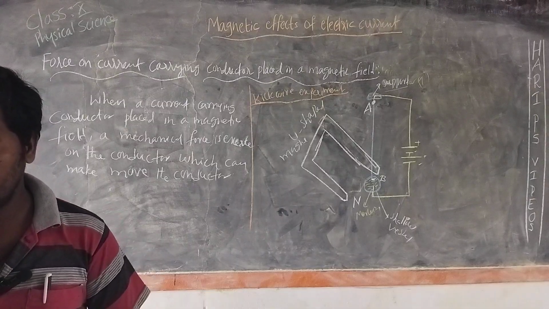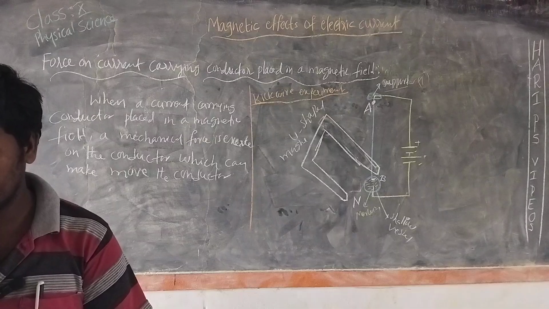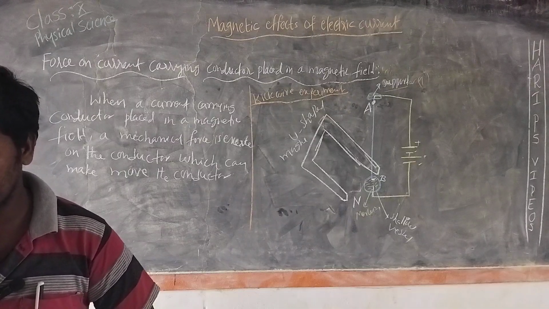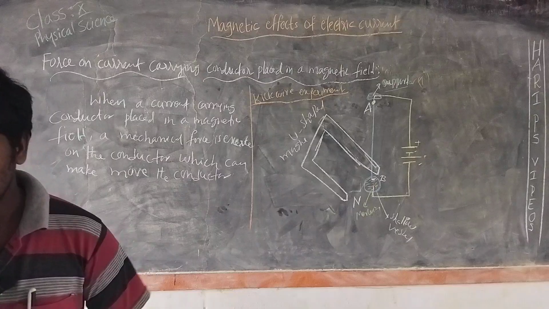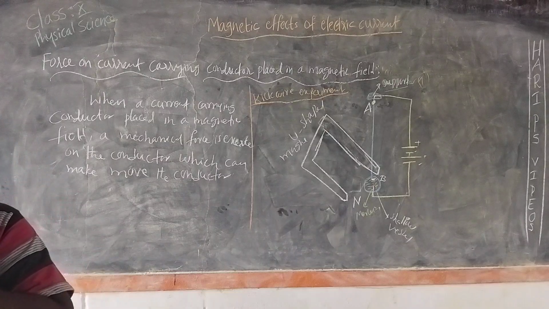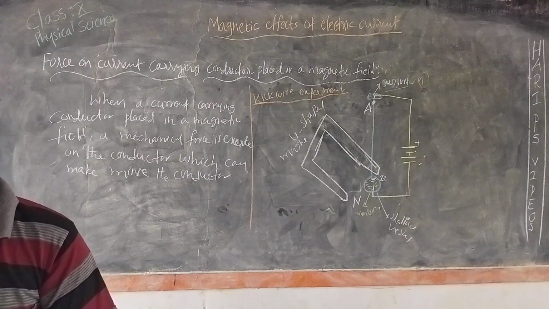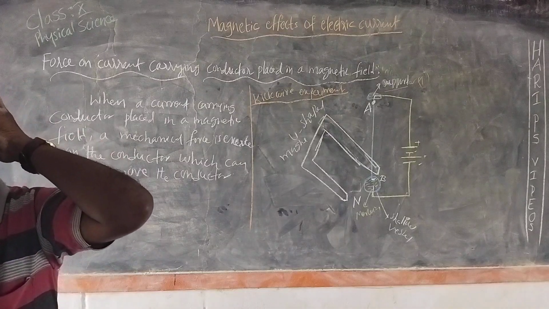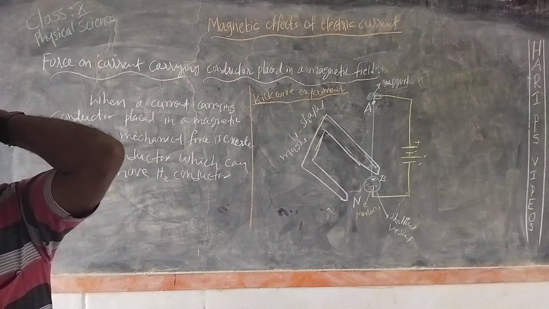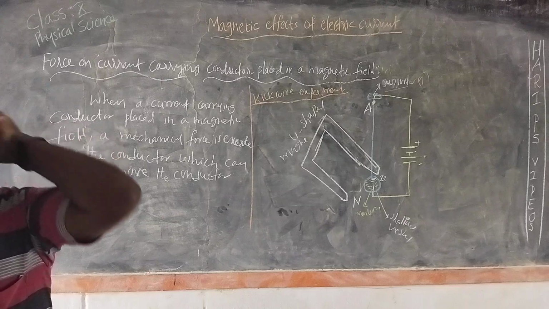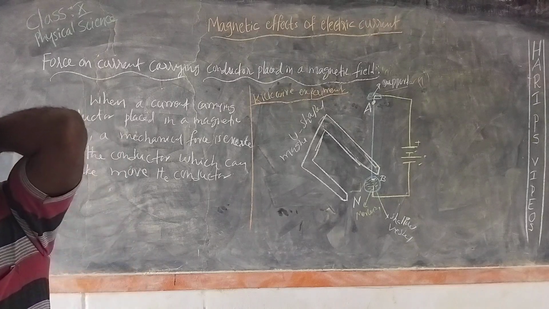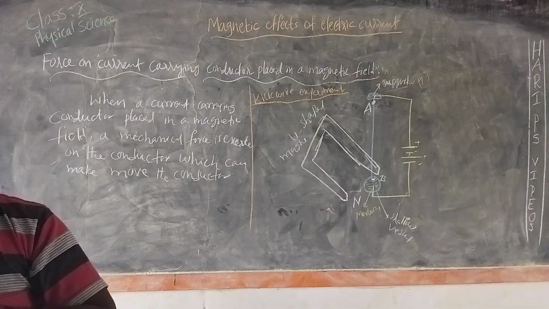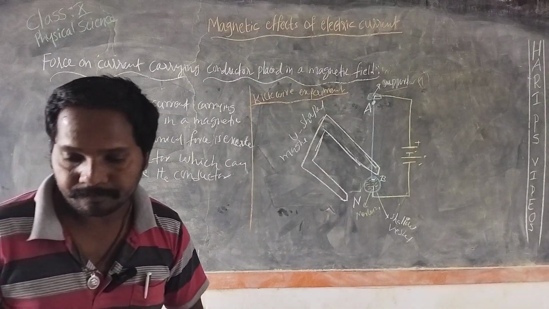The wire AB is kicked in the forward direction toward the south, and the lower end B reaches the position B dash, so that the wire comes to the new position AB dash shown by the dotted line. When the lower end B of the hanging wire comes forward to B dash, its contact with the mercury surface is broken, due to which the circuit breaks and the current stops flowing in the wire.